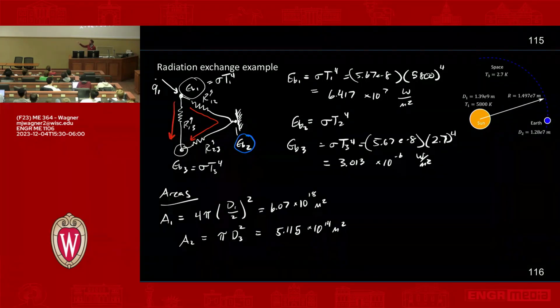So to do that, I'm going to note that the Q dot from 1 to 2 is equal to the Q dot from 2 to 3. Right? That's saying all the heat that's going from the sun to the earth is equal to all the heat that's leaving the earth and going to space.